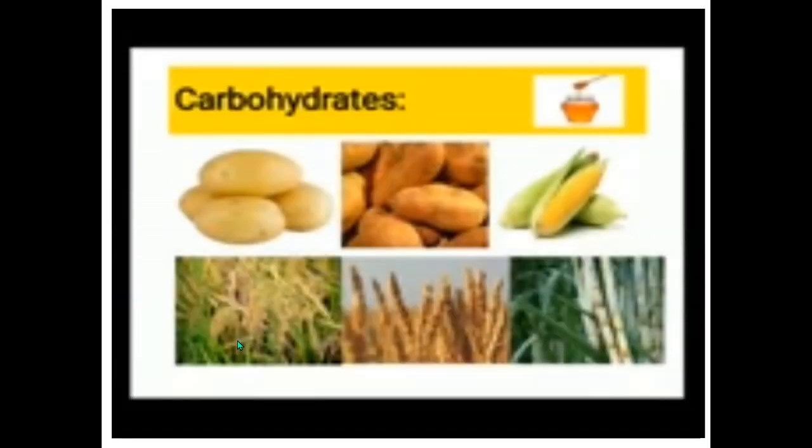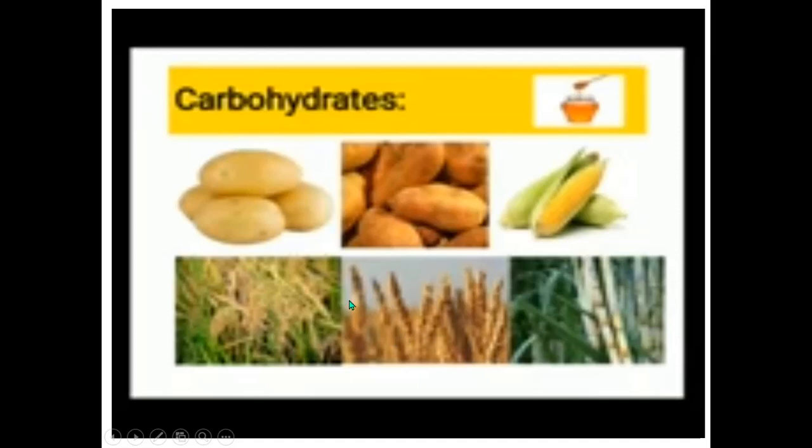Here you can see some examples of food items which contain carbohydrate. What are they? Potatoes, sweet potatoes, corn, honey, rice, beet, sugarcane.